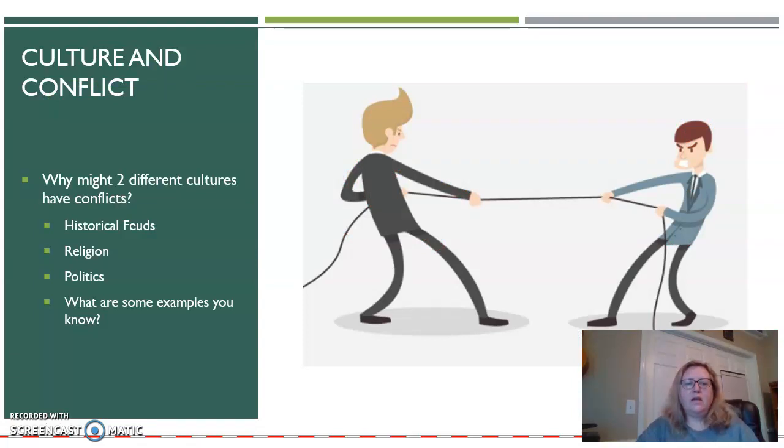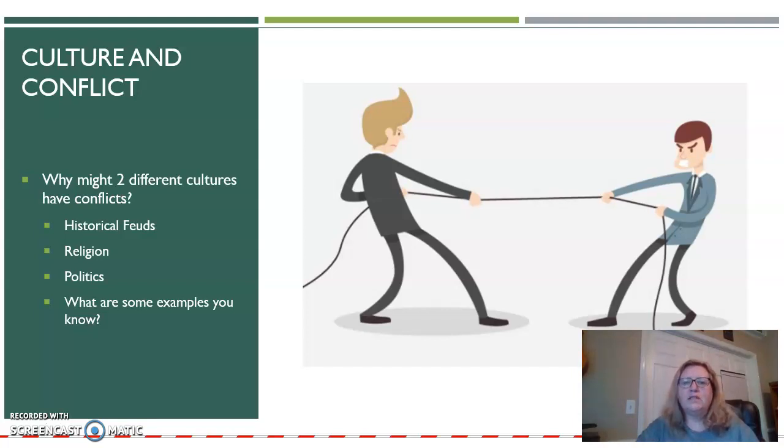Culture and conflict. Why might two different cultures have conflicts? It could be just a matter of two groups from a long time ago having a disagreement and it's carried on for generations, and maybe nobody even understands exactly what ignited the conflict to begin with. It could be because of different religious beliefs, different politics.